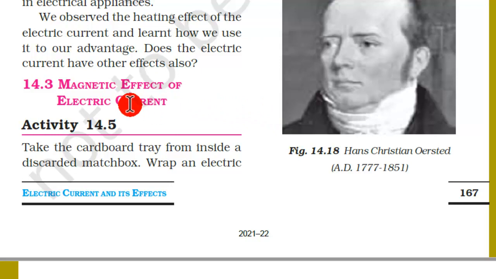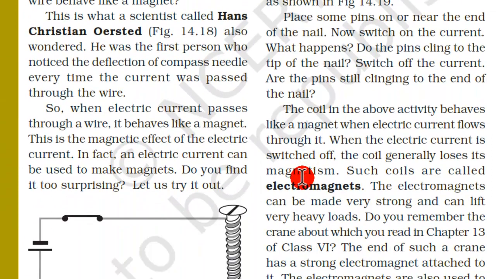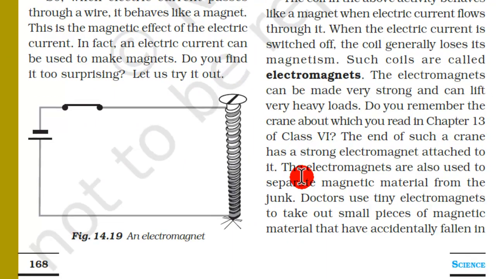The next topic is the magnetic effect of electric current. For this activity, we will take an iron nail, a switch and a battery or a cell. The wire will be wound on the iron nail and the circuit completed like this.